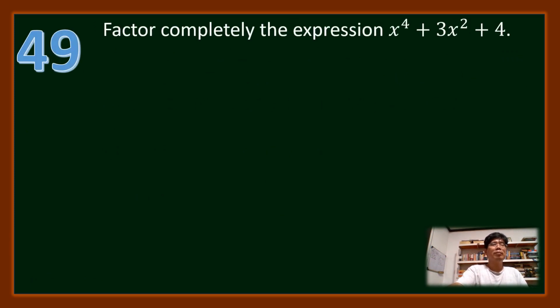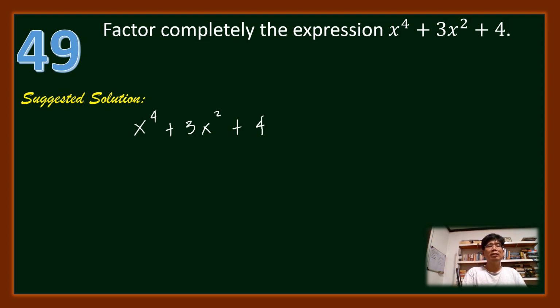49. Factor completely the expression x raised to the 4th power plus 3x squared plus 4. Our solution is by adding and subtracting suitable terms. From the given expression, if we add x squared and then subtract this again, minus x squared, then we would not be changing the value of the expression.